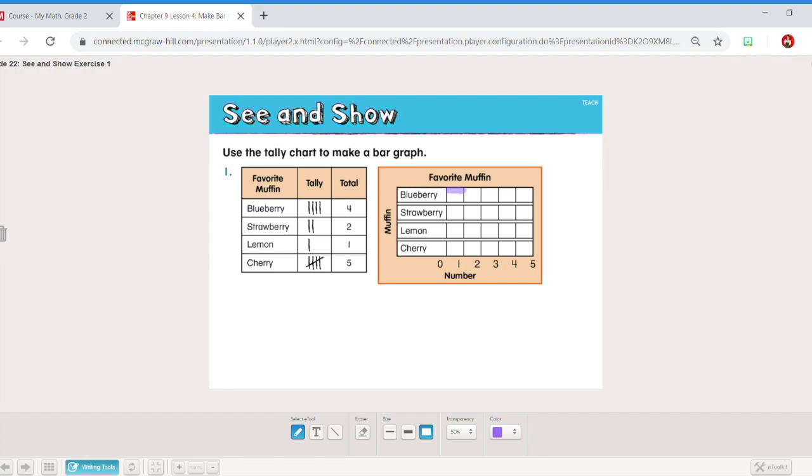Because this is a vertical bar chart, we're going to move this way because our information is all stacked. 4 blueberry, 2 strawberry, 1 lemon, and 5 cherry.